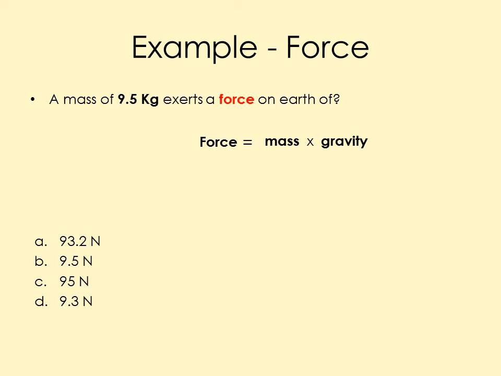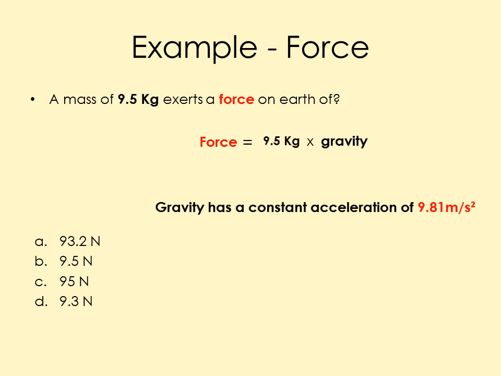So 9.5 kilograms multiplied by 9.81 meters per second squared gives us 93.2 newtons. Let's have a look at another example.